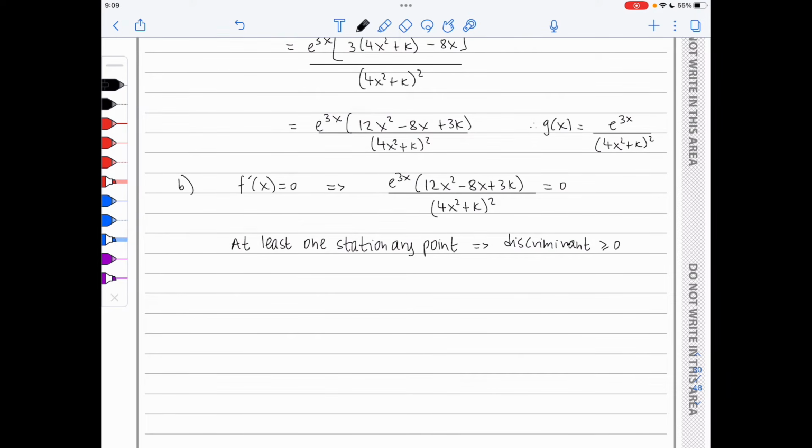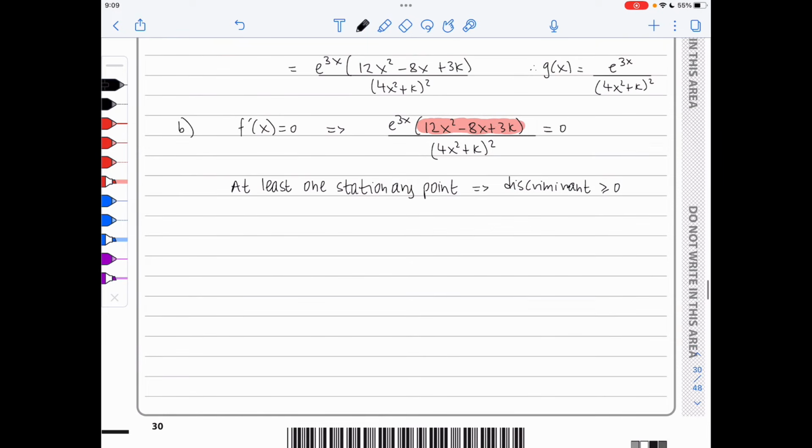So we want this to be greater than or equal to 0. And we're looking at the discriminant of this quadratic here. So the discriminant is b squared minus 4ac. So in our case, it's (minus 8) squared minus 4 times 12 times 3k, and this should be greater than or equal to 0. So 64 minus 144k greater than or equal to 0.